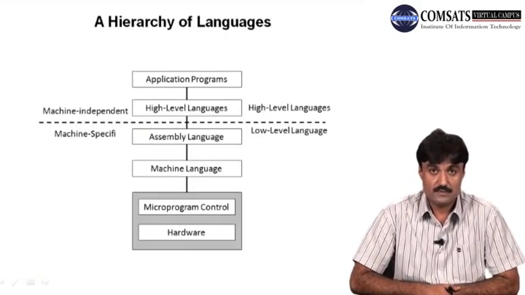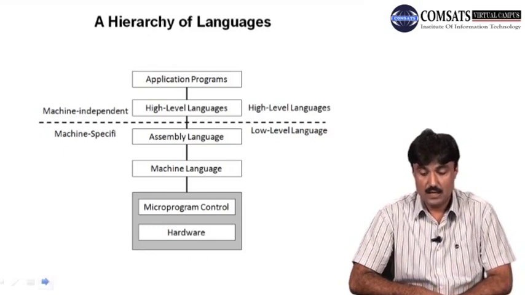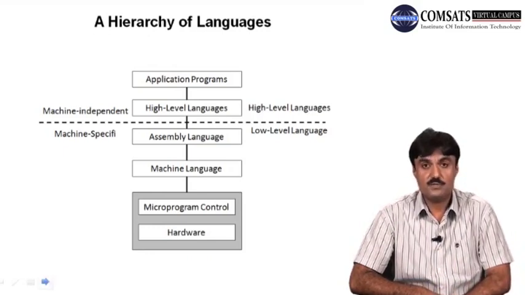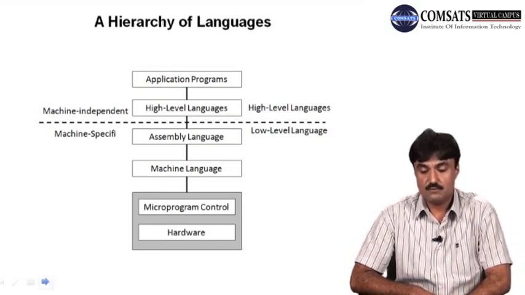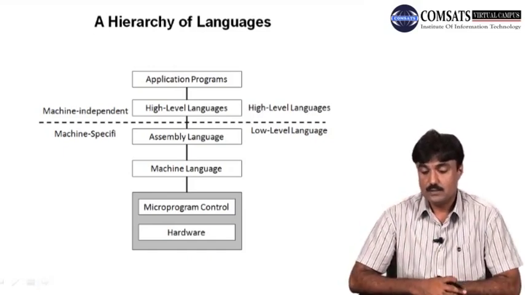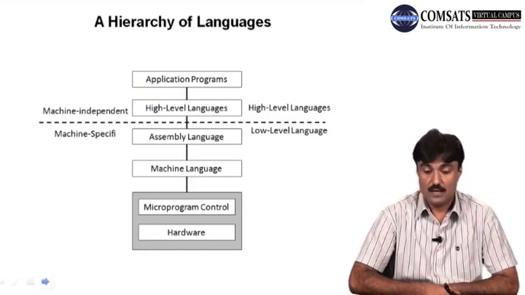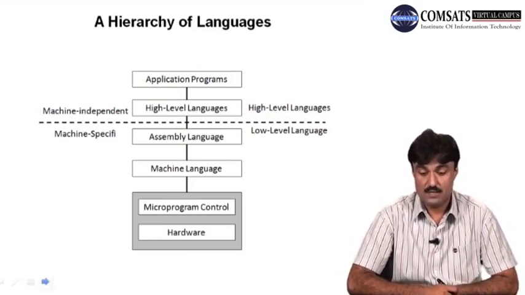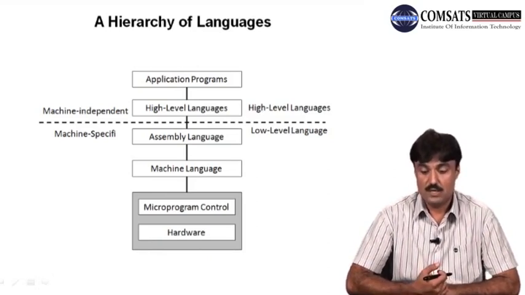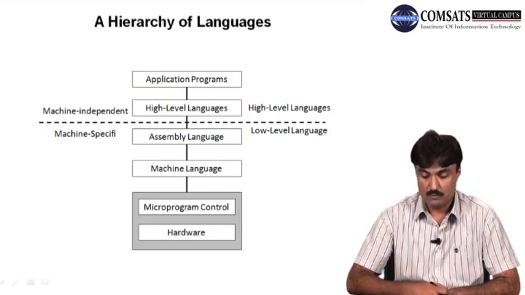Now in the previous slide we have seen the hierarchy of languages, the programmer's view of the computer system. Here we see this hierarchy: we have application programs and high-level languages, then assembly language, machine language, and then the microprogram control and hardware.